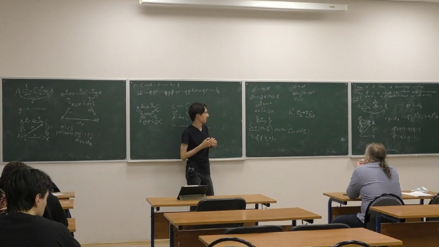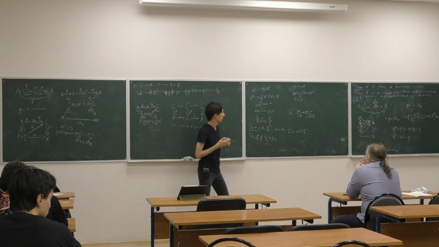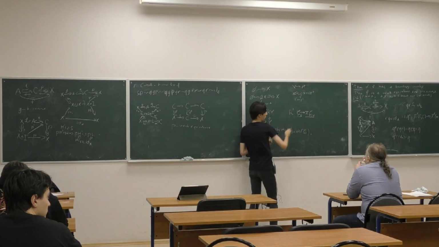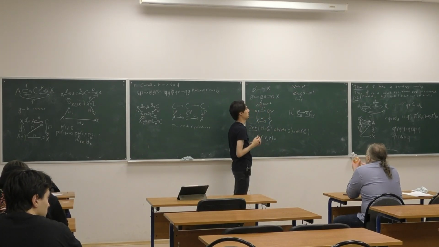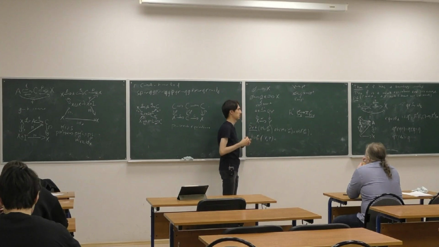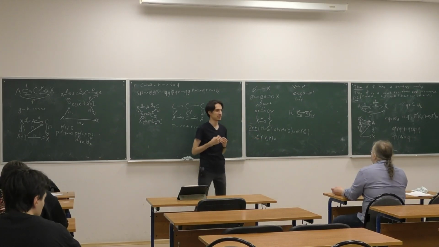Okay, and what is pi? Pi means that the functors are homotopy classes of maps. No, functors. Morphisms are homotopy classes of morphisms. Well, yes.